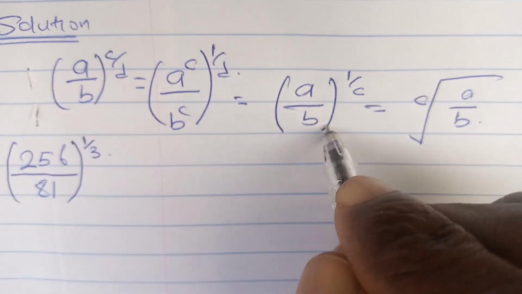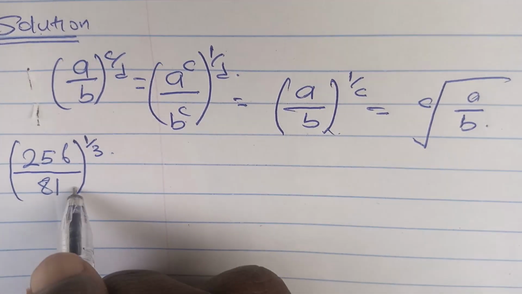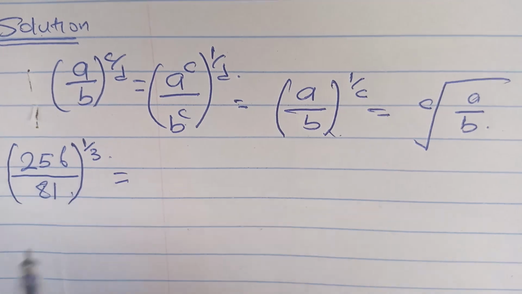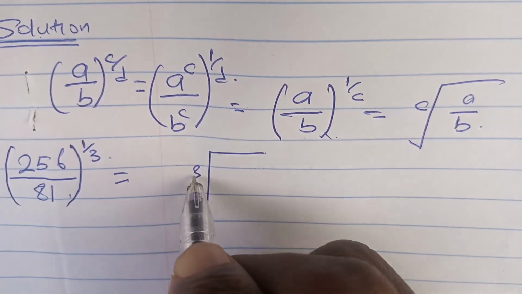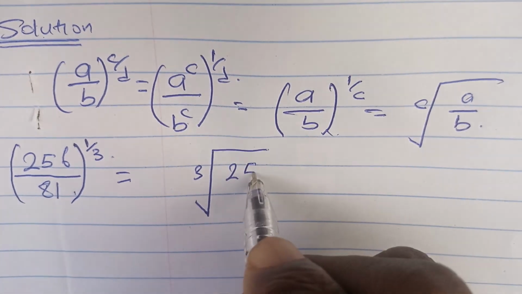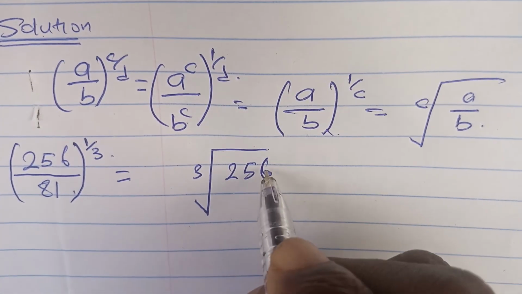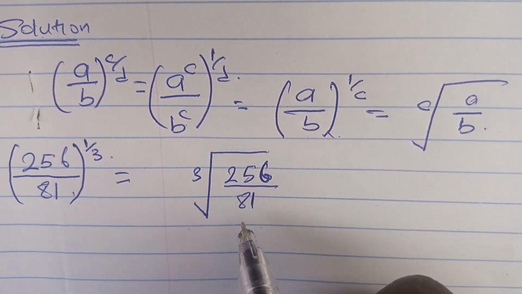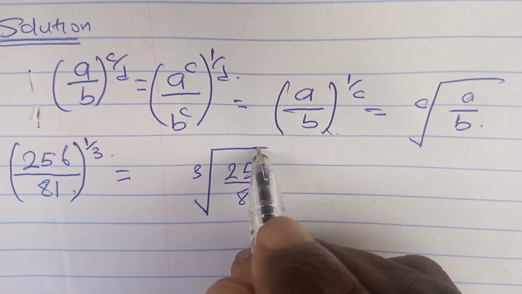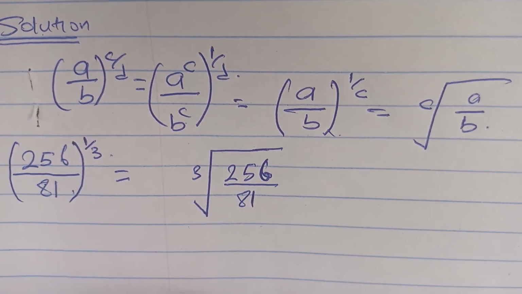If we put this principle here, this is also equal to the cube root of 256 over 81. So we are now having the cube root of 256 over 81.